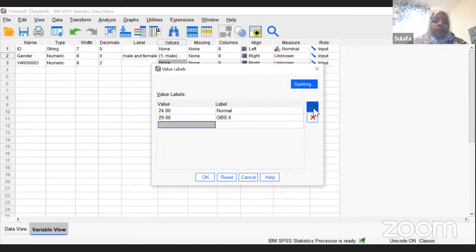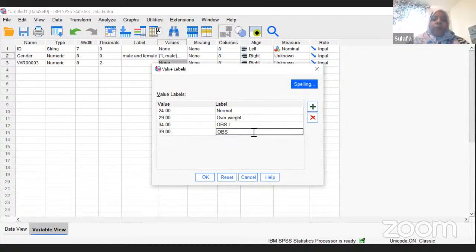We can add also 34 here as obesity type 1. And then we can write also 39 as obesity type 2.